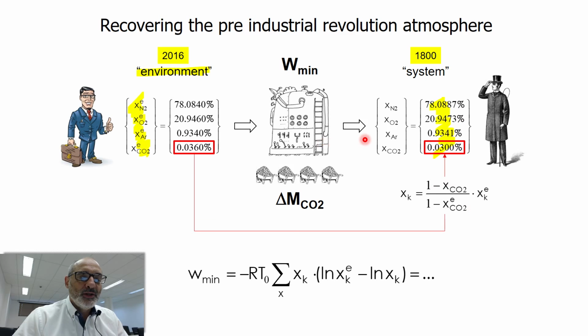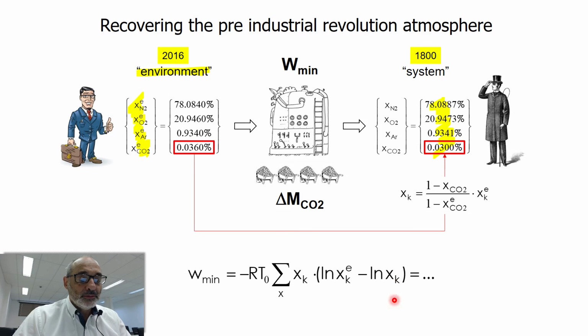So the changes are actually very small, significant for CO2 because it's already very small, but for nitrogen and oxygen the molar concentrations change in the third decimal place. Nitrogen, for instance, increases from 78.084 to 78.088 or 889. So if you remove CO2, its concentration drops and the other components' concentrations rise.